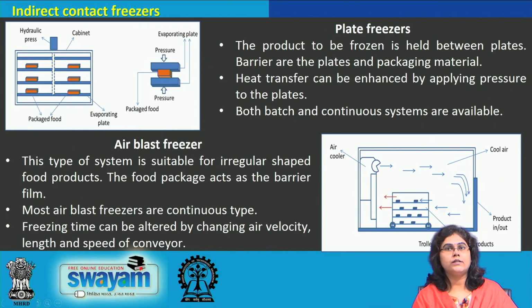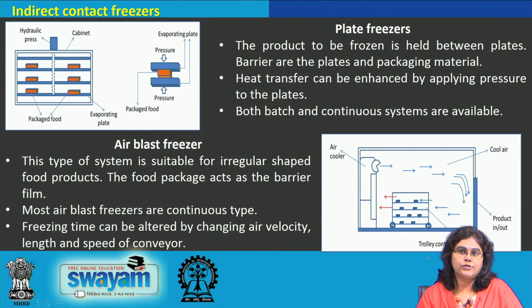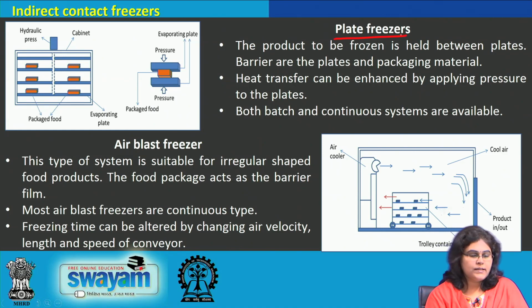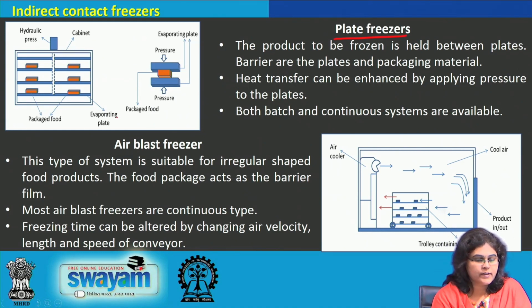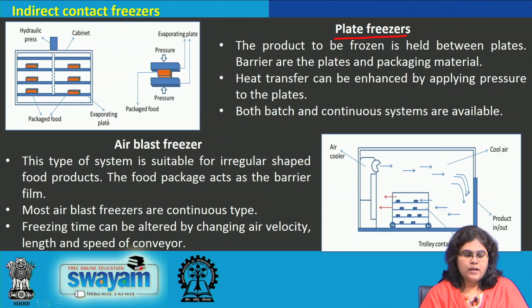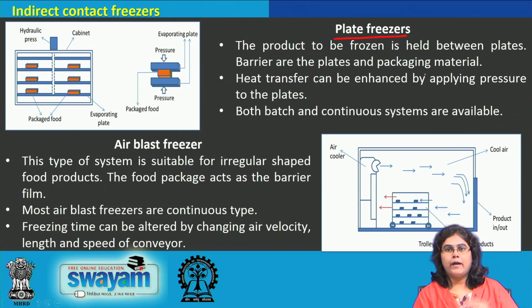Now, coming into the details of the indirect contact freezers, the first one is the plate freezer. A schematic sketch of the plate freezer is shown here. As can be seen, the product that has to be frozen is held between the plates. The barrier to the food is the plates and the packaging material.